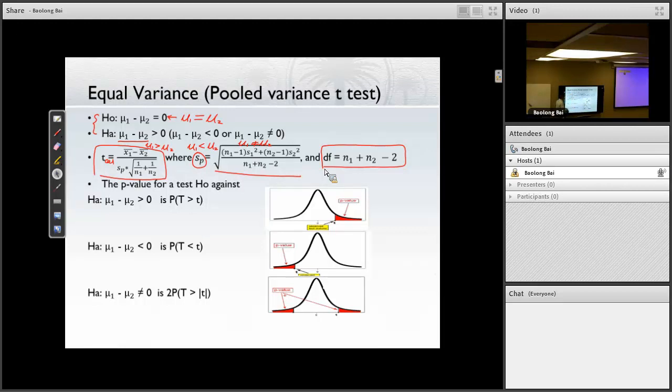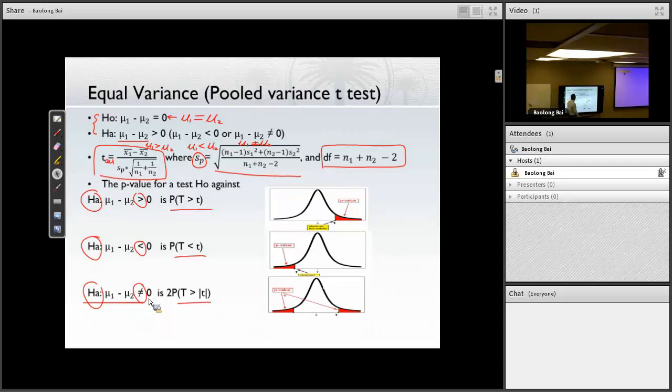And after that, the p-value is defined exactly the same way as before, depending on your alternative hypothesis, having different kinds of signs: greater than sign, smaller than sign, not equal sign, 2 times the probability of t greater than the calculated t-statistic value. It's pretty much very similar to the one sample t p-value expression.